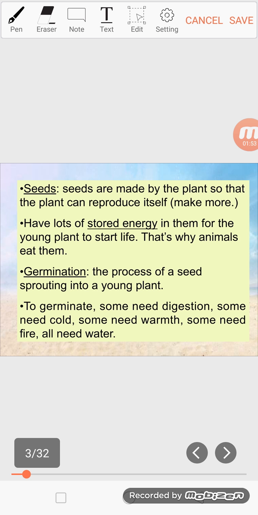So later we will look further at what is meant by digestion. Some seeds also need cold, some need warmth, some need fire, but all seed germination processes do need water.